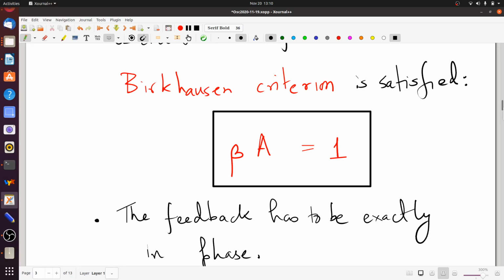Now every time the signal goes through the loop, it's going to become bigger and bigger. And that poses another problem. You need it to become bigger and bigger because it's tiny to begin with. So unless you manage to make it grow, you're not going to be able to start any measurable oscillation.